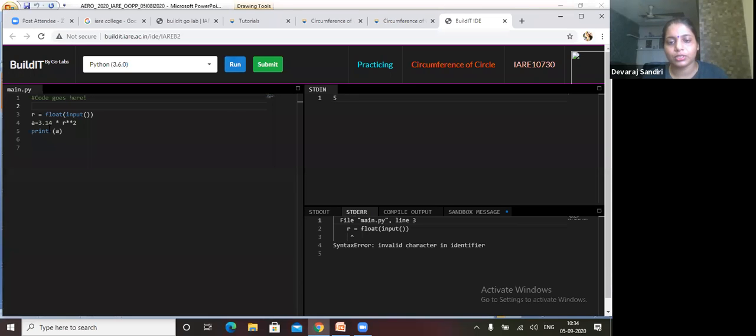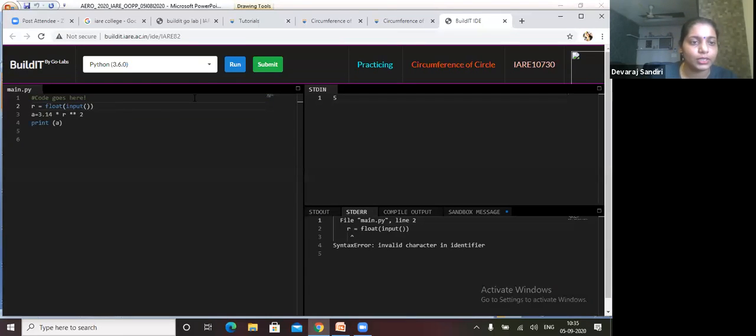Line 3, float, line r is equal to... Line 2, r is equal to float input, invalid character identified.